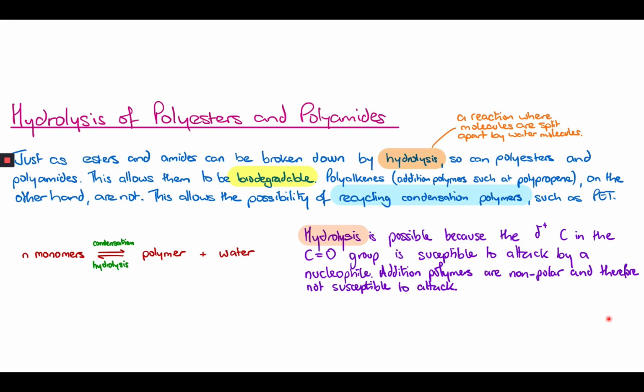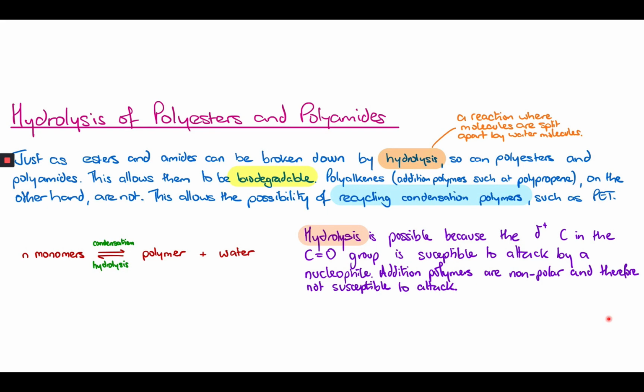Just to remind ourselves about the definition of electronegativity, it's the power or ability of an atom to attract a pair of electrons in a covalent bond. So the oxygen is more powerful. It's better at attracting a pair of electrons in a covalent bond. So you get these partial charges, delta plus, delta minus.